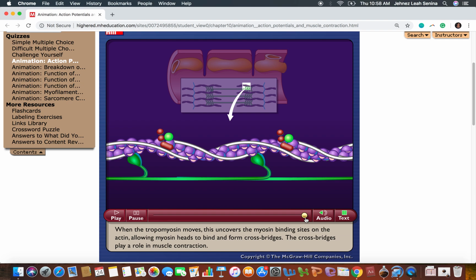Quick, just do legends or keywords. Calcium binds to troponin. Troponin moves the tropomyosin. And then next, myosin can bind to your actin. Finish. Put a smiley. Tell yourself, I will memorize this stuff.